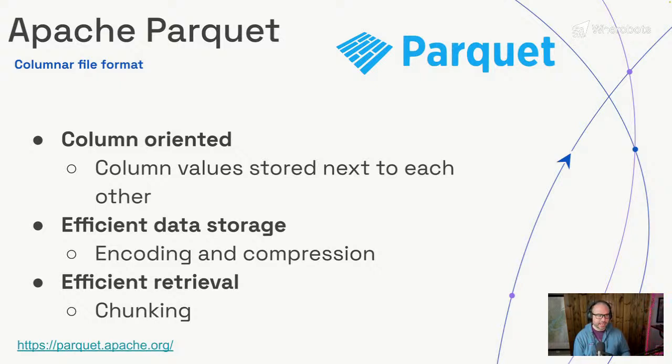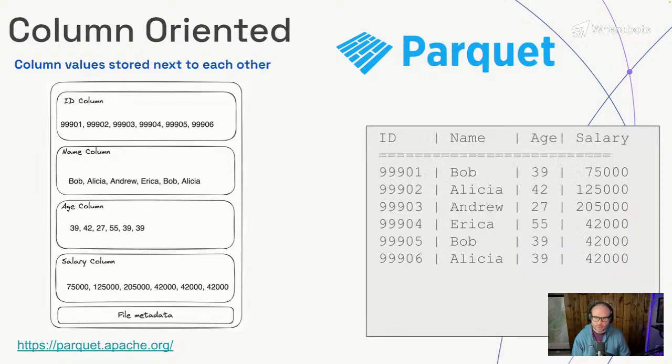So basically accessing less data, perhaps over the network. And so for these two reasons, Parquet is very popular with cloud storage buckets. So a lot of folks are using something like AWS S3 to store Parquet files.